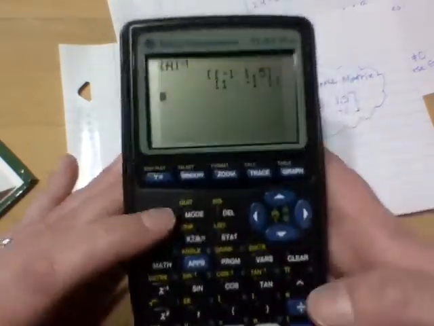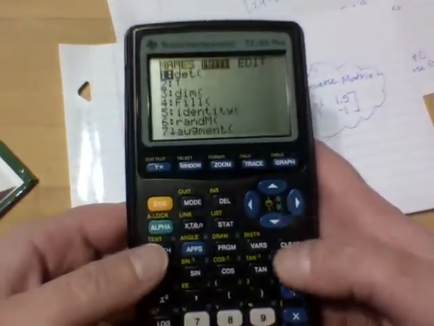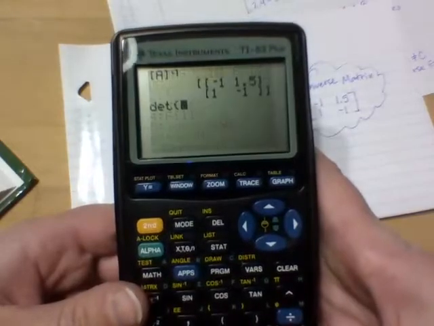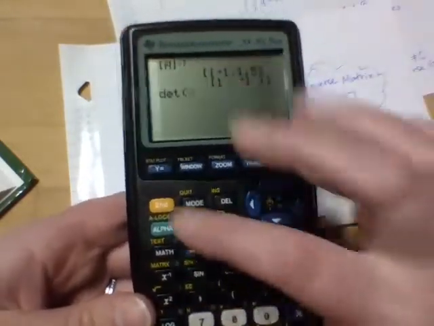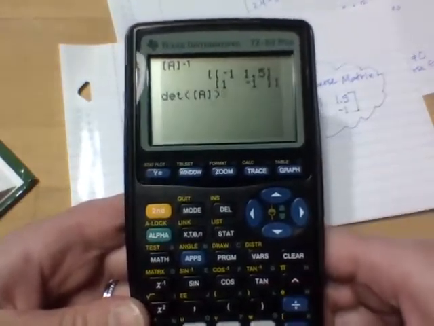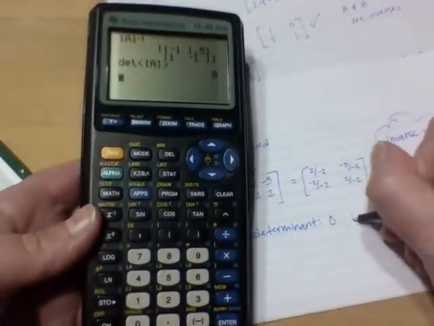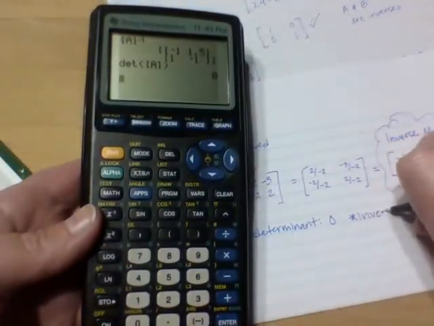All right, and then we go to the math operations, and I can find the determinant. And so I'm finding the determinant of my new A that I just put in. And again, if this is 0, that means that the inverse doesn't exist. And so in that case, I know that it's 0, which means the inverse does not exist.